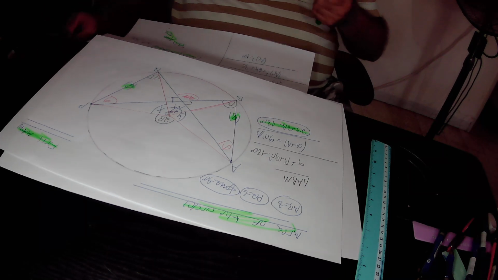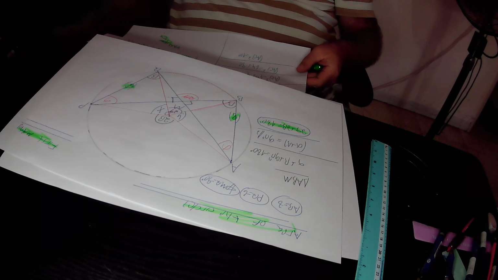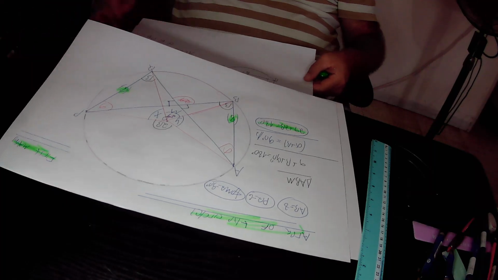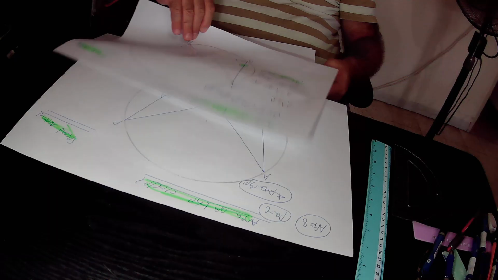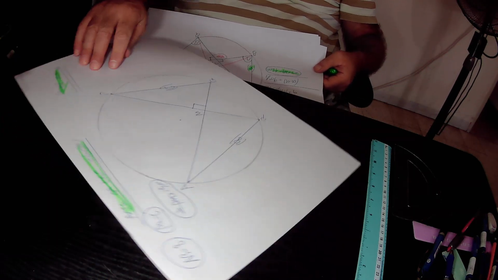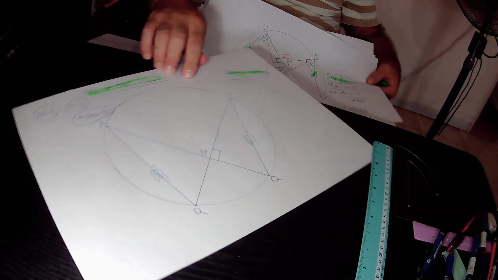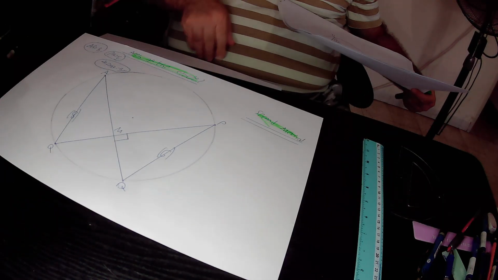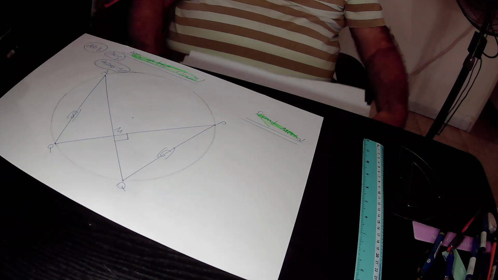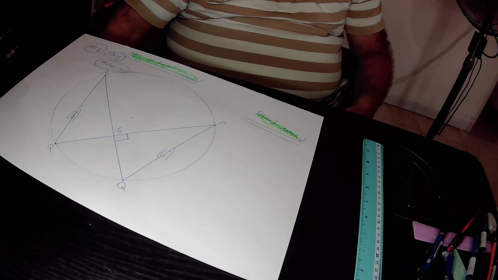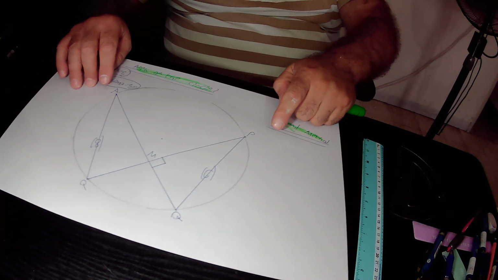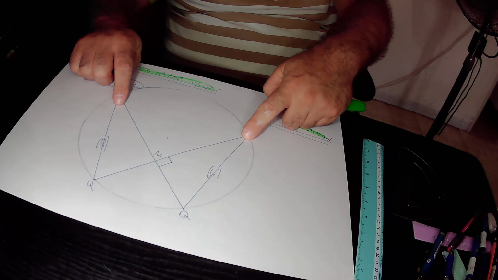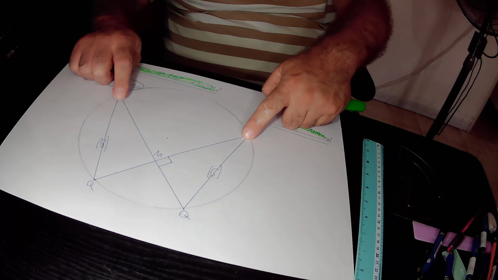In the next step, I will present to you how to find the area of this circle according to the second method. We already found out in the first method that those two angles are both equal to alpha.